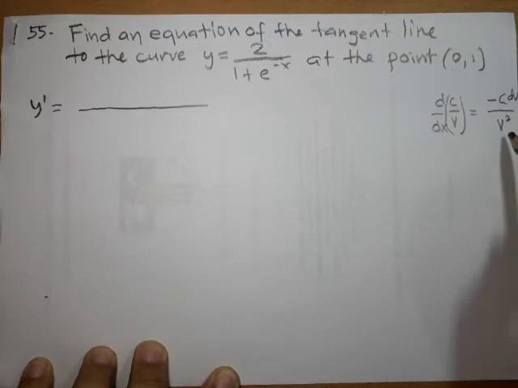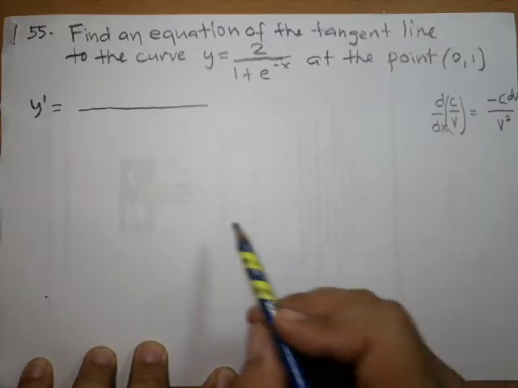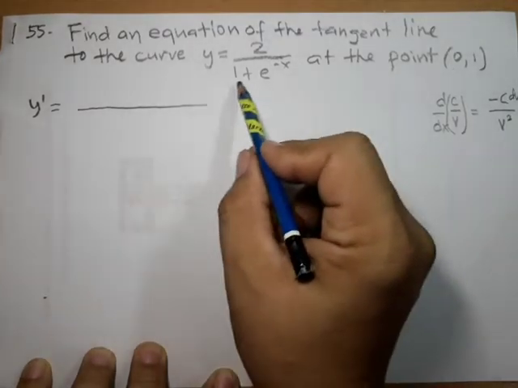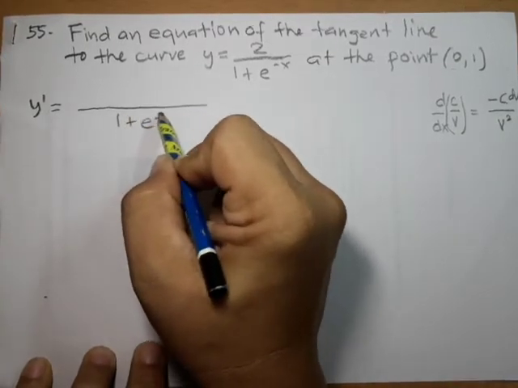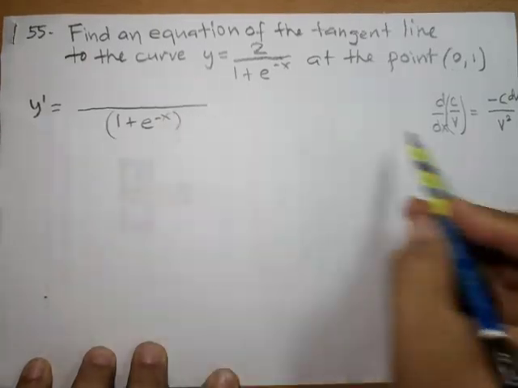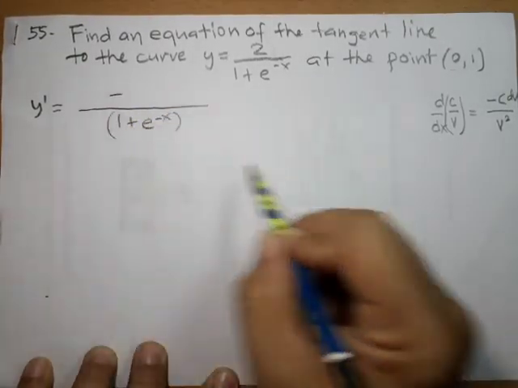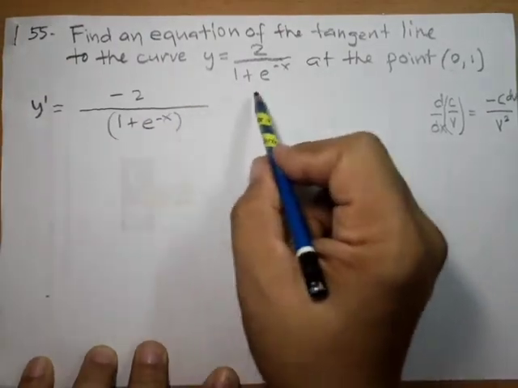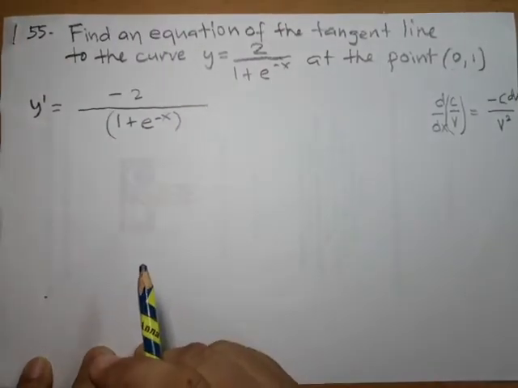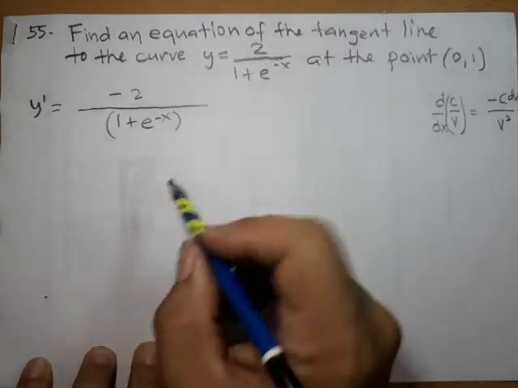Okay, so let's use this. This is the square of the denominator, then minus the constant times the derivative of the denominator. So what's the derivative of the denominator?